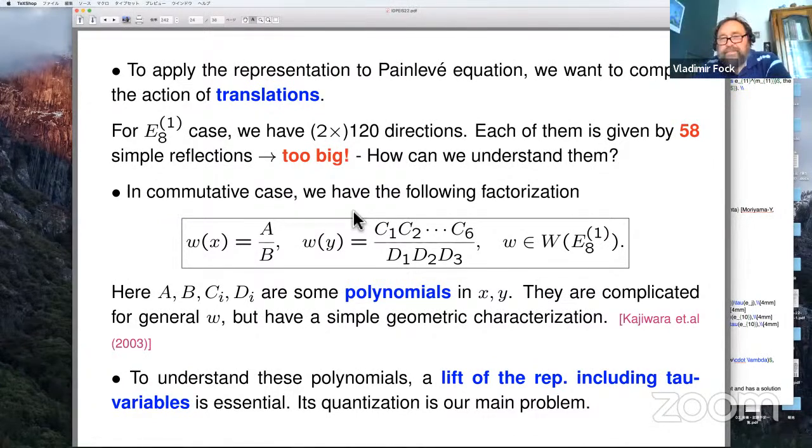So in the 8-dimensional lattice, we have 120 directions. Of course, only 8 of them are linearly independent. And all the directions are equivalent in this case.